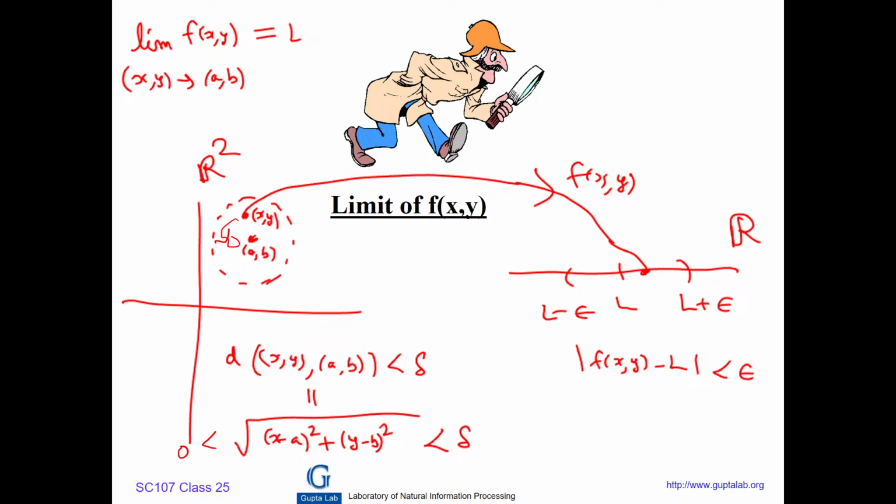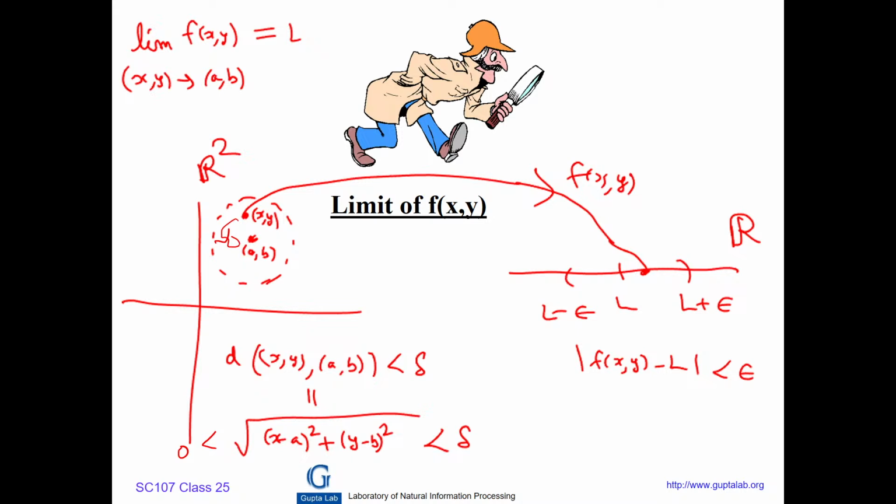That works in R square. As long as (x,y), the generic point, approaches towards (a,b), means when this distance is less than delta, for every epsilon positive there exists delta positive, such that absolute value of f of (x,y) minus L is less than epsilon, whenever distance between these 2 points is less than delta.